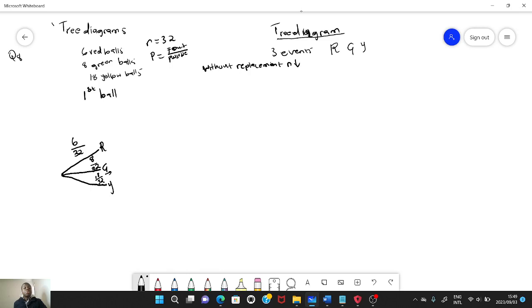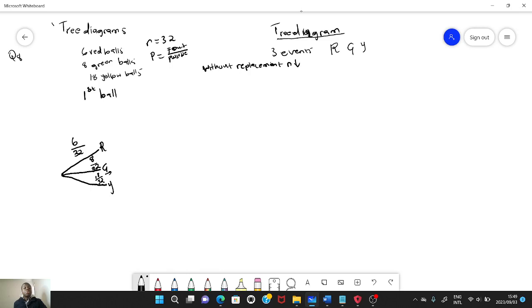The second branching, if you look at this branching, this one represents the second bar, right? Now listen to me. We've already taken from the first, if you look at the first branching, we have already taken the first ball.